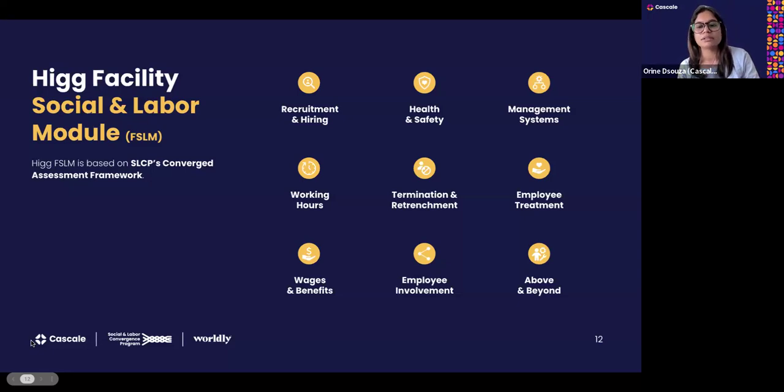The social labor assessment covers all the areas you can see on the screen, to name a few: recruitment and hiring, working hours, and employment treatment. These are the areas covered by CAF and FSLM. And this is one example of how SLCP and Cascale are working together to provide a consistent framework.